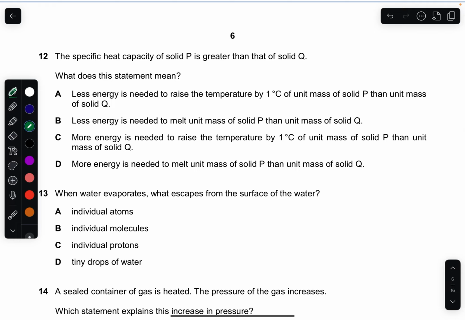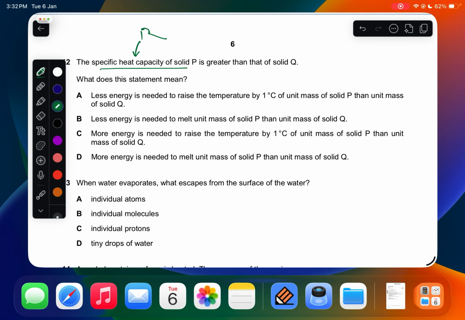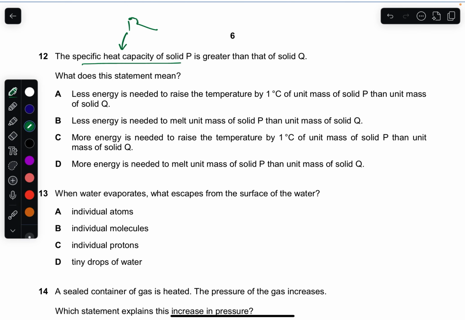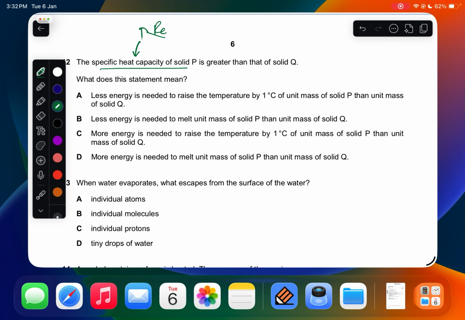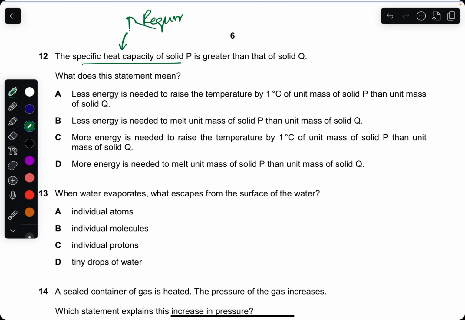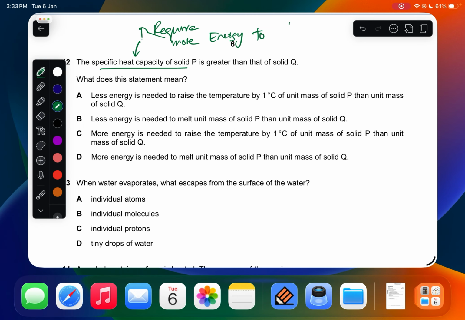In question 12, the specific heat capacity of solid P is greater than solid Q. What the specific heat capacity means is, if specific heat capacity is high, it needs more energy, or you can say it requires more energy to change temperature.